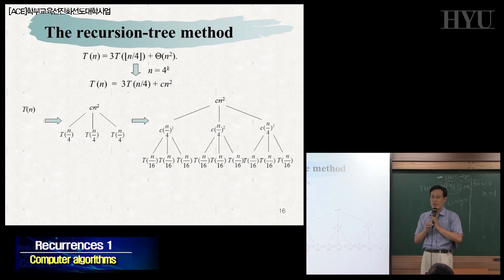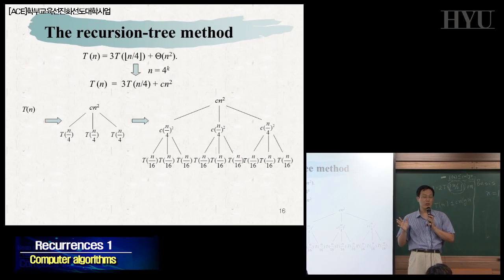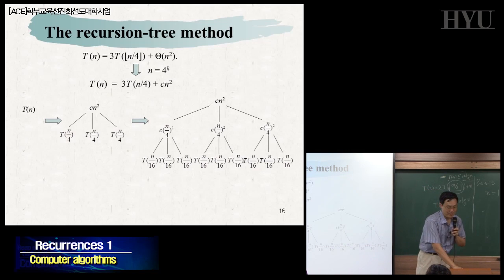When we use the recursion tree method, we first simplify the recursion. As you know, this method is used to guess the solution. So we only consider the simplest case.